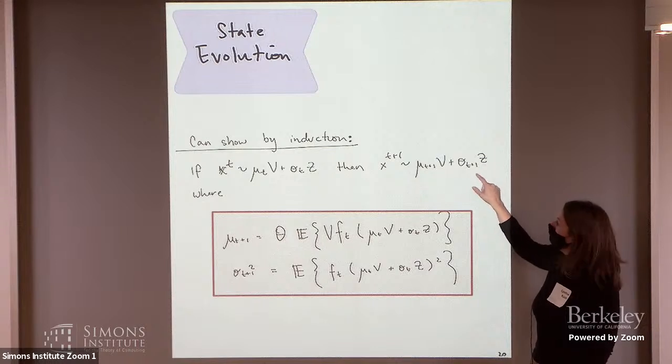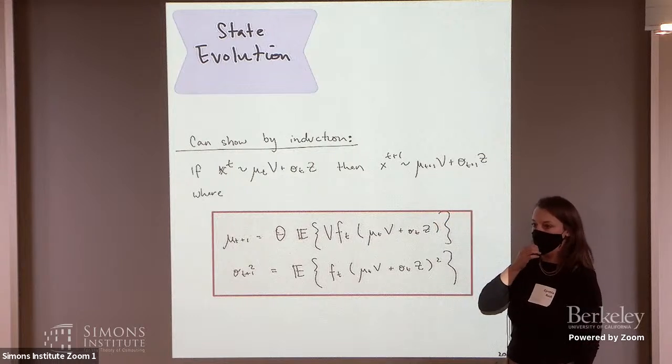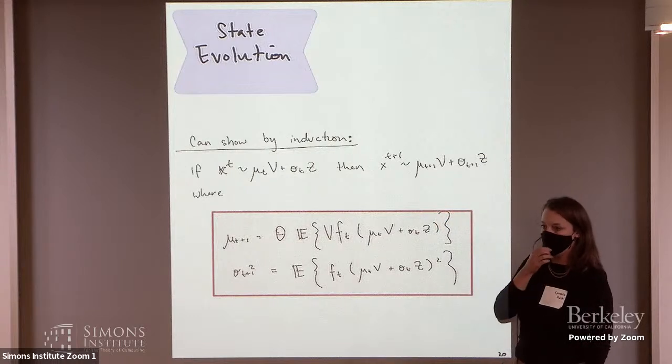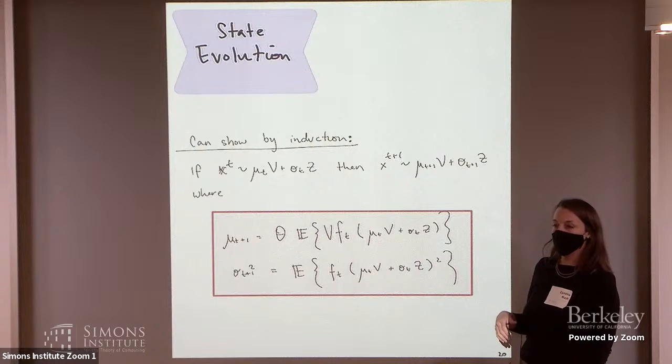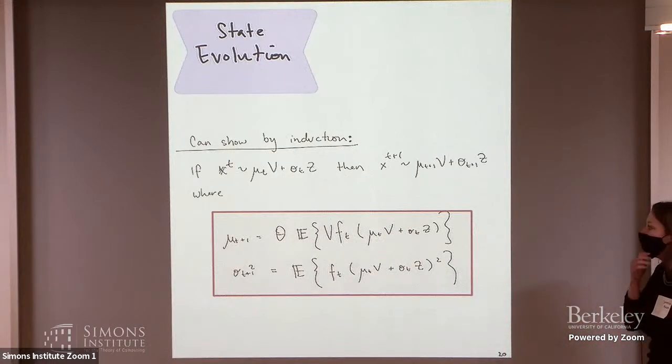And so you can actually choose the F to optimize that signal to noise ratio. The F that optimizes that comes out to be something that's proportional to the conditional distribution. This is something we'll talk about in the next hour, but it's a good question. And it turns out you can calculate exactly what the optimal one is. Okay, cool.